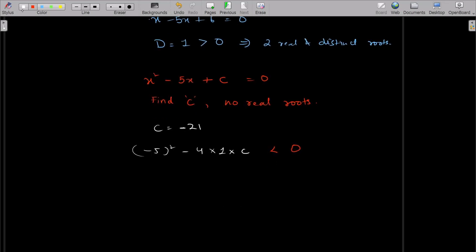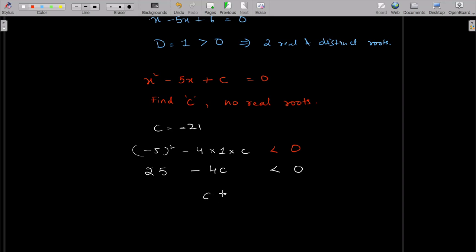So negative 5 whole square is 25, minus 4 times c is less than 0. Can you tell me what will be c now? It'll be greater than 25 over 4.